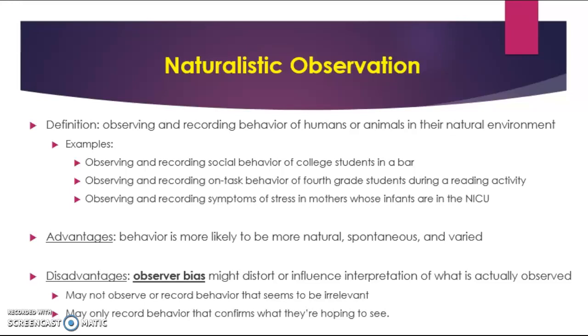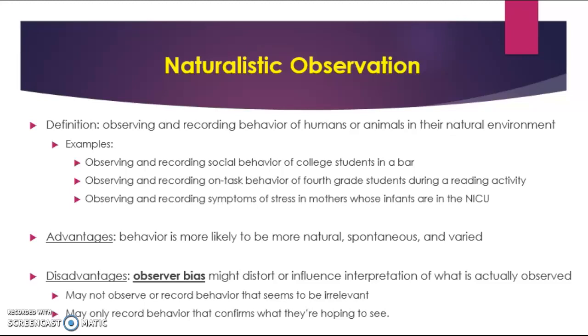Ways to minimize bias: you can have video recordings where you are able to watch that event happen over and over, so you can really get all the nuances of it. You can make sure that the observer is really well trained in how to observe, and they know what they're looking for, and they have a clear idea of how to collect data, things like that.